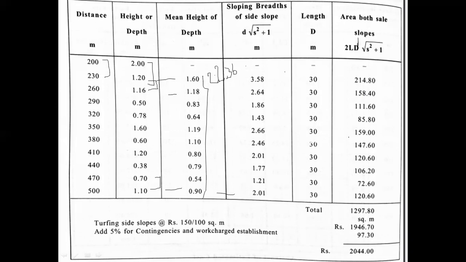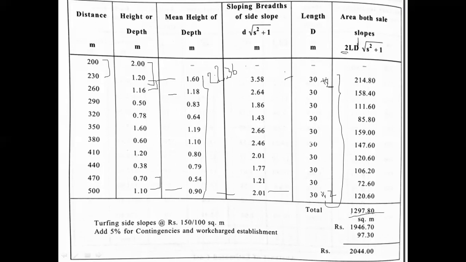This is the volume: L into area, and both sides, so multiply with 2. So 3.58 into 30 into 2 for both sides equals 214.80. Similarly, up to the last value, 2.01 into 30 into 2 equals 120.60.